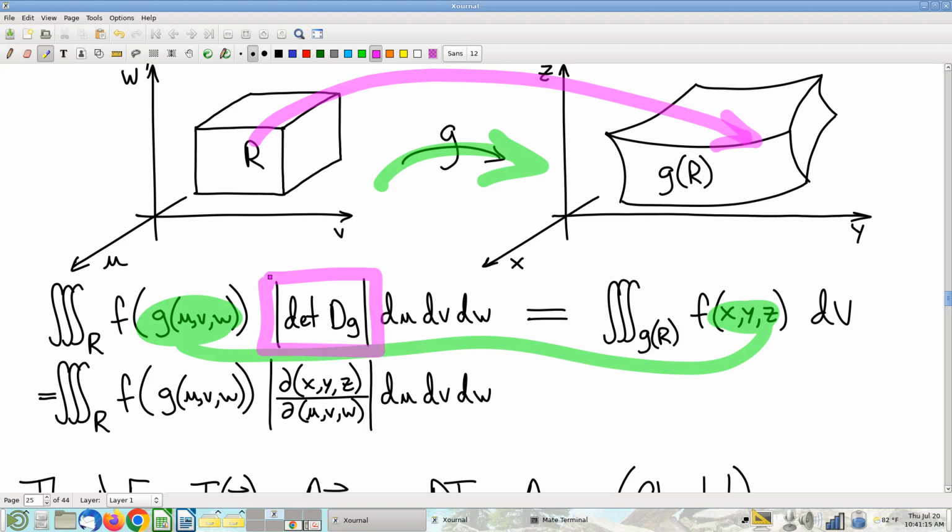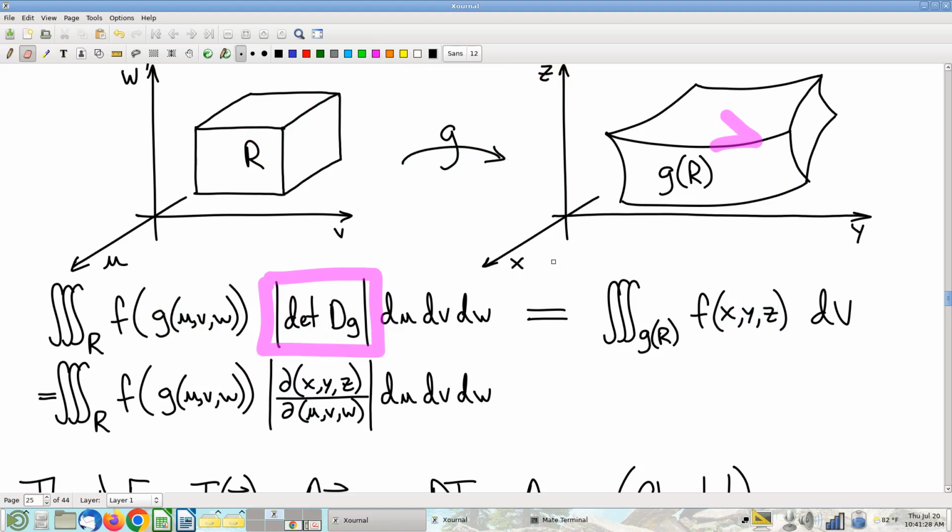By what factor are the output areas, volumes, bigger than the input volumes? Just don't forget to insert that stretching factor, and everything works out just fine. Again, there is a formula for this stretching factor. Again, you're not responsible for it.